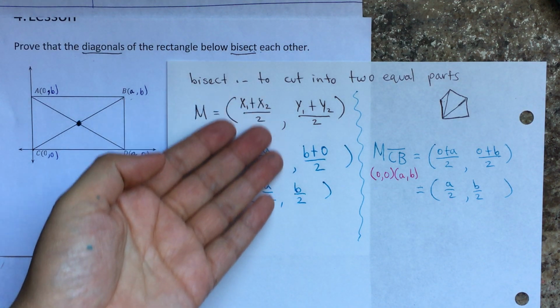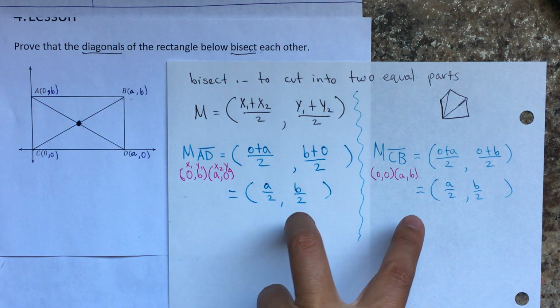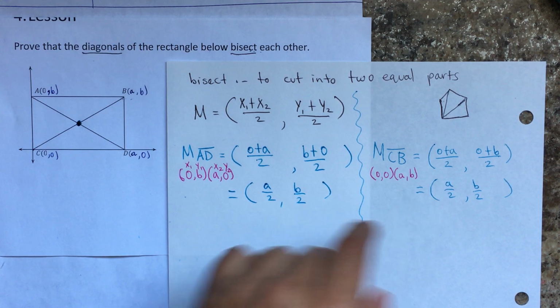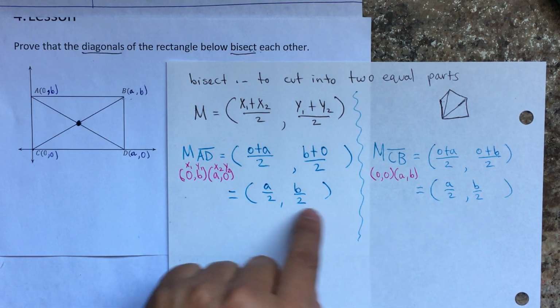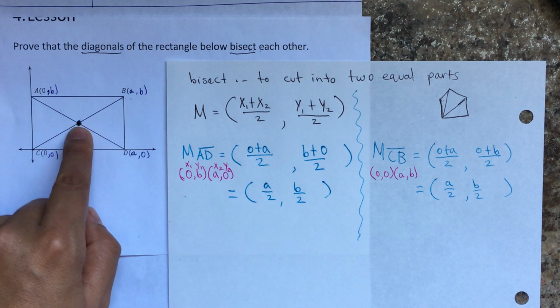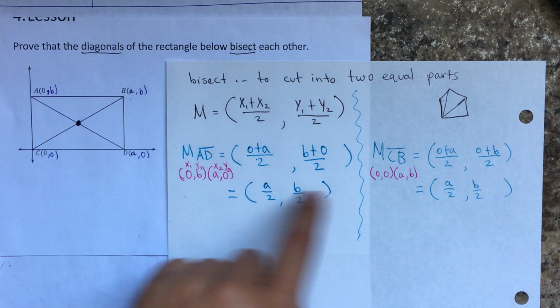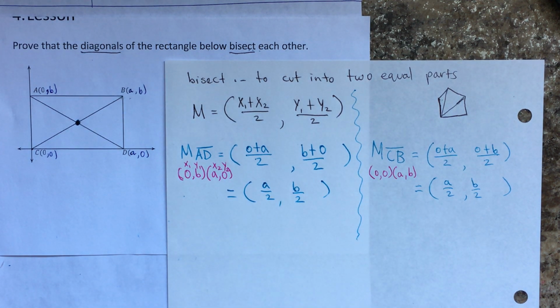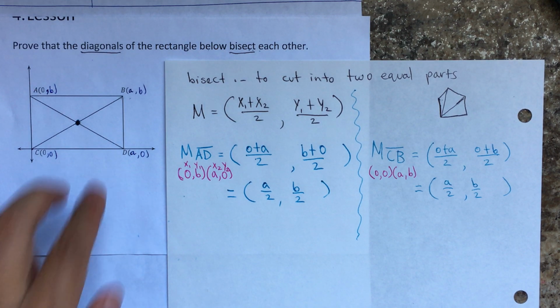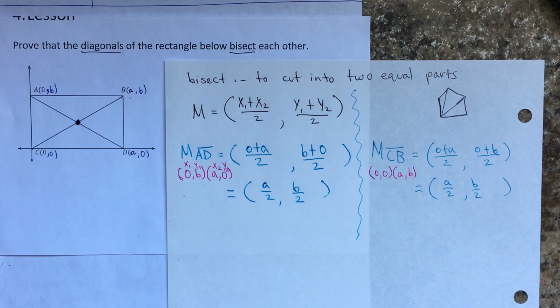That's basically all you need to do. And if the two appear to have the same x and the same y, that means that they have the same midpoint. If they are not the same for even one part of them, then the midpoint is different, and therefore they do not bisect each other.